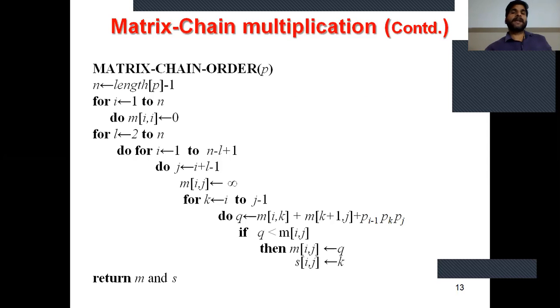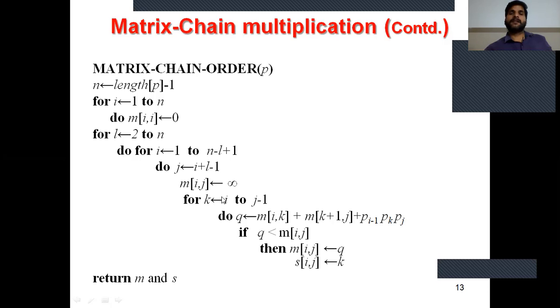According to Matrix-Chain-Order, first define the length of p minus 1 equal to n. The for loop runs from 1 to n, and first we initialize the value of M[i,i] equal to 0. Now take the variable L from 2 to n. Under this, the for loop i equal to 1 to n minus L plus 1, j equal to i plus L minus 1. First we assign the value of M[i,j] to infinity.